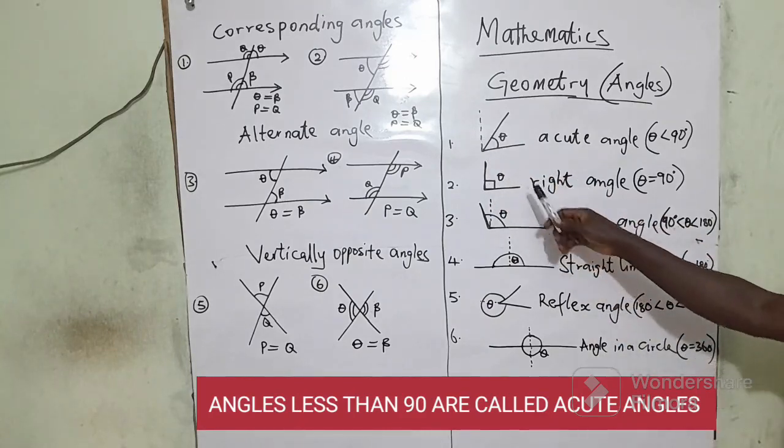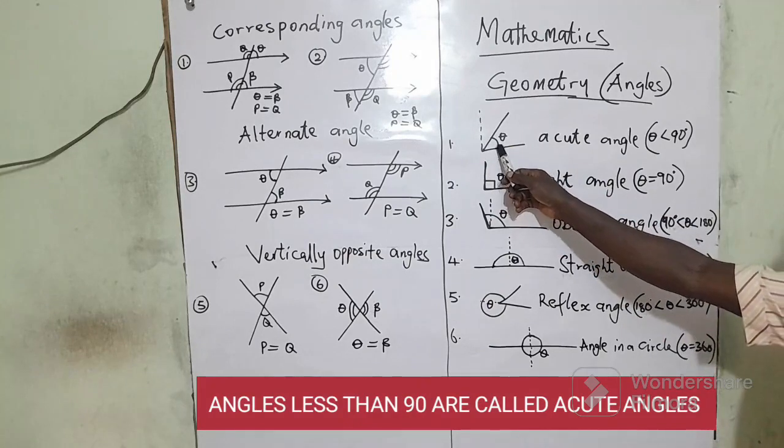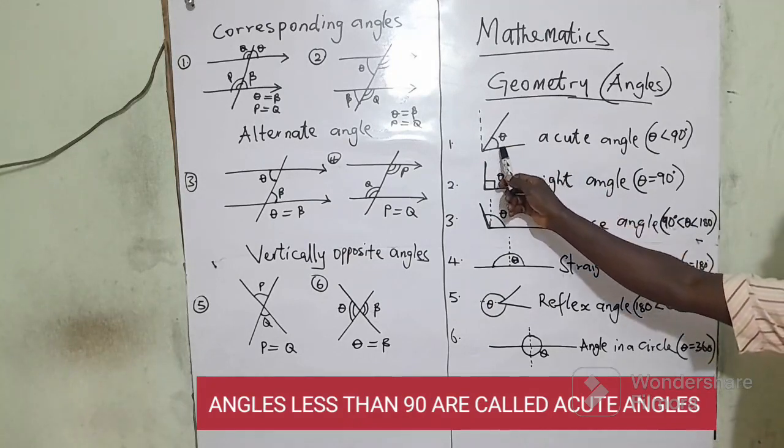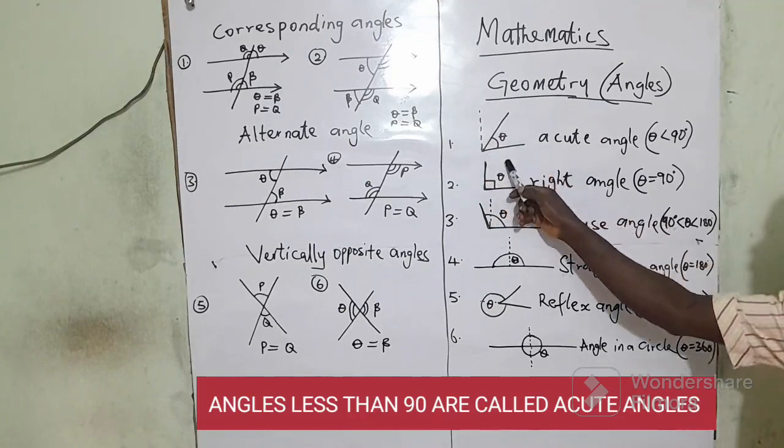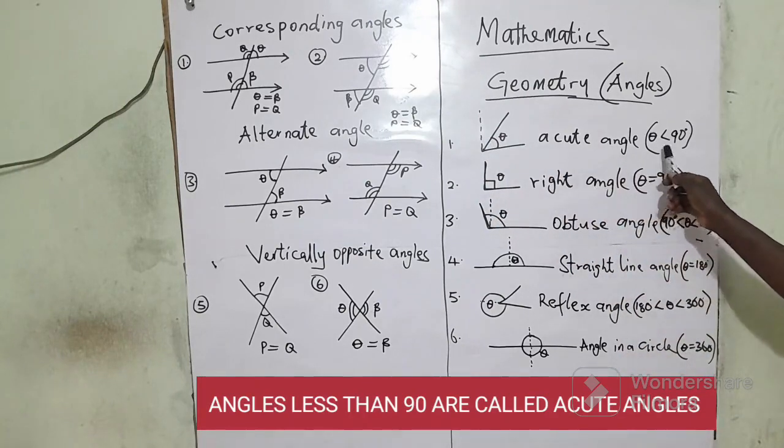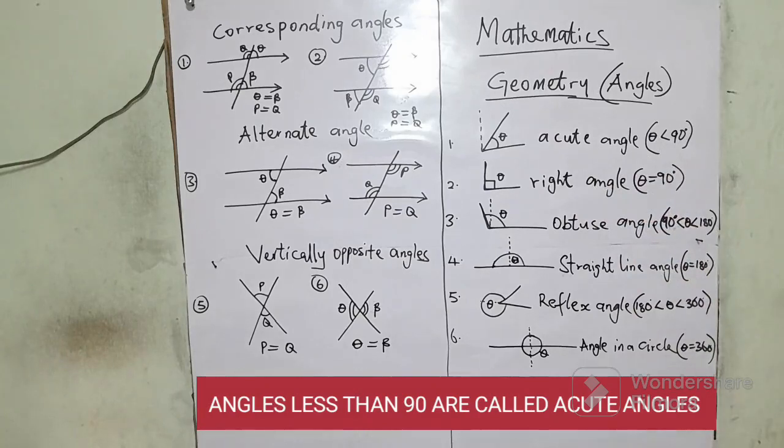But in this condition, this angle here is not up to the straight line, so it is less than it. That is why we call it what? Acute angle. So it is less than 90 degrees.